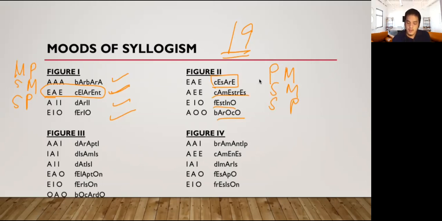And then figure 3, you have Darapti, Disamis, Datisi, Felapton, Ferison, Bocardo. And then figure 4, you have Bramantip, Camenes, Dimaris, Fesapo, Fresison.